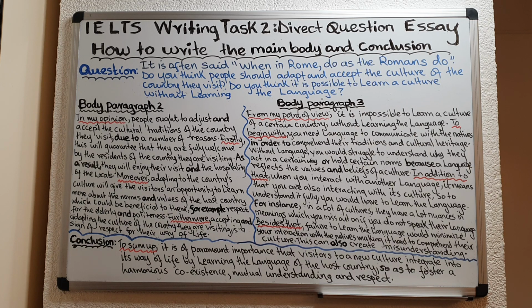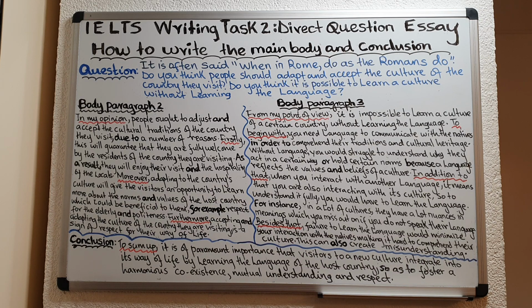In my opinion, so I am beginning with that linking word, in my opinion, to make it very clear that I am responding to, do you think? So I am being asked for my opinion. So I begin with the linking words, in my opinion, comma, people ought to adjust and accept the cultural traditions of the country they visit due to a number of reasons.